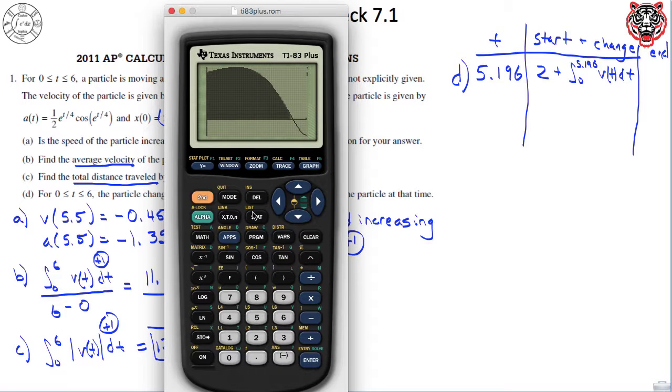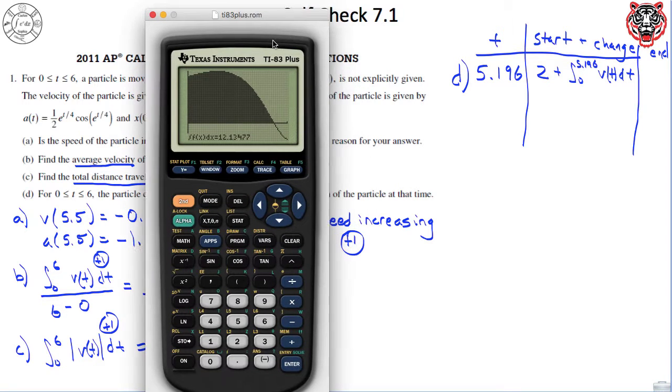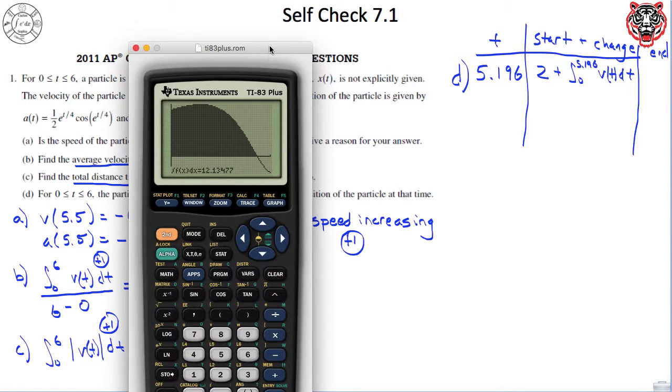Second trace 7. Perfect. So we got that that's going to be 12.135, and we have to add the 2. So don't forget to add the 2. We just add it and we get our final answer of 14.135. That should be the number that goes right here.